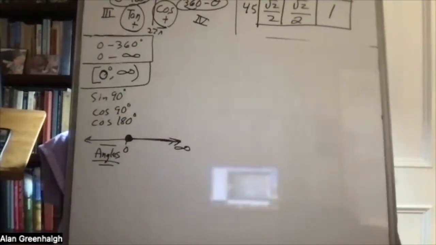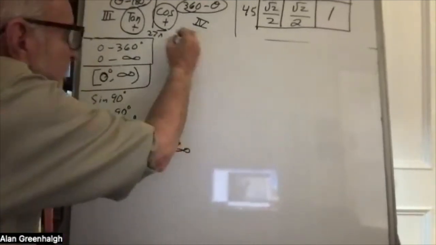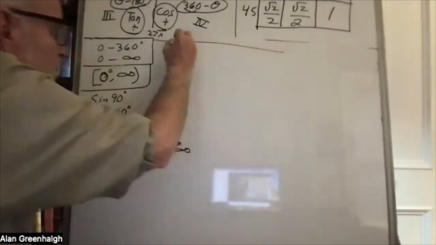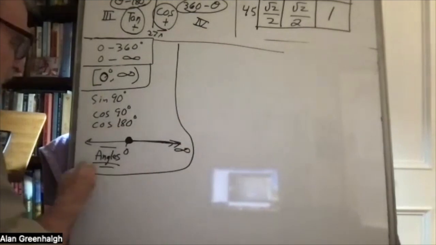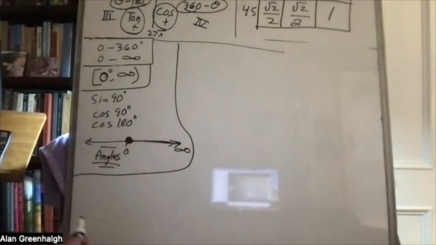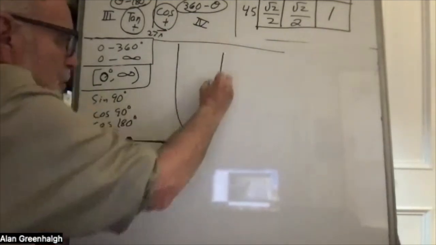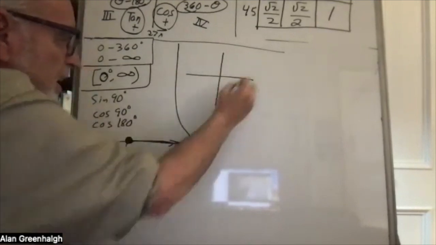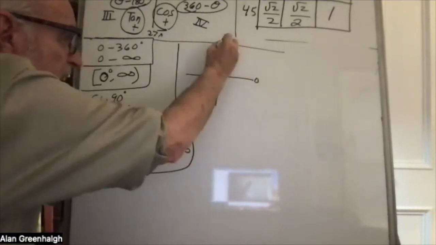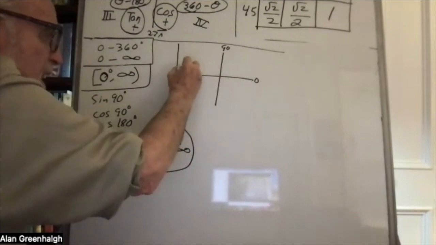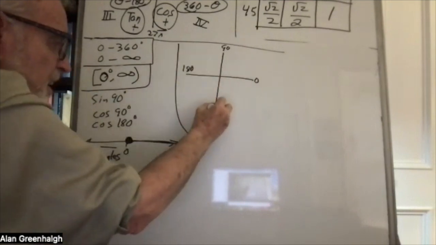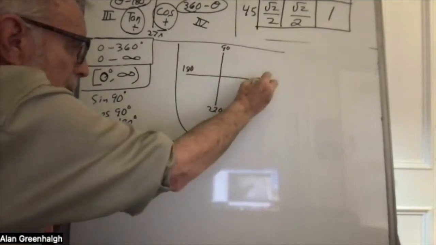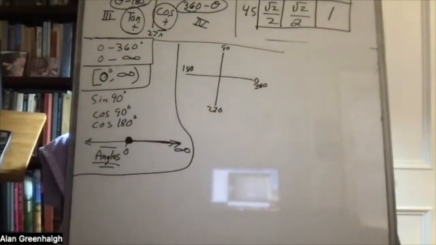The negative. Can we have a negative angle? How do you have a negative angle? Does anybody have any idea how you would have a negative angle? Well, it's an academic exercise. So if this is 0 to 90, to 180, to 270, to 360, what would the negative angles look like?